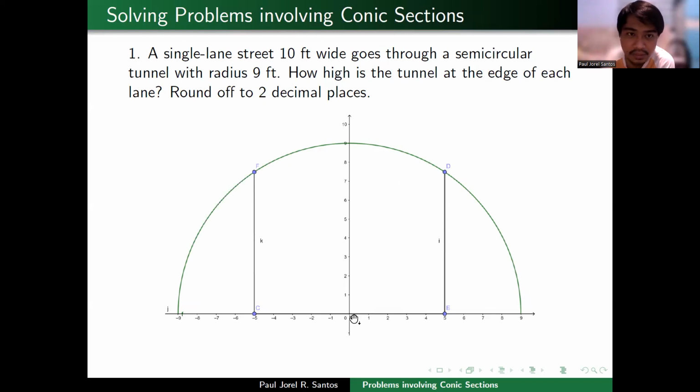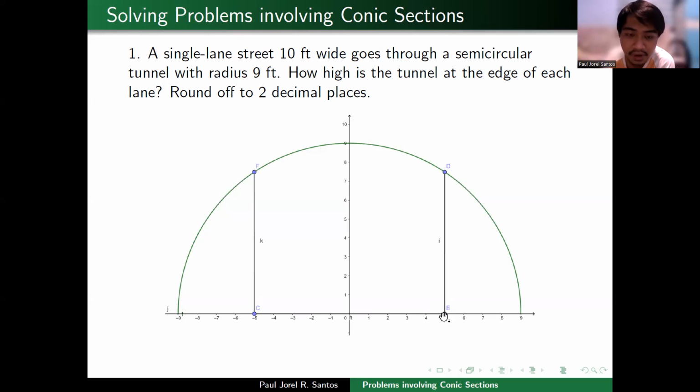Now, since we have this single lane street 10 feet wide, as you can see, from point C to point E, 10 units stands for 10 feet.